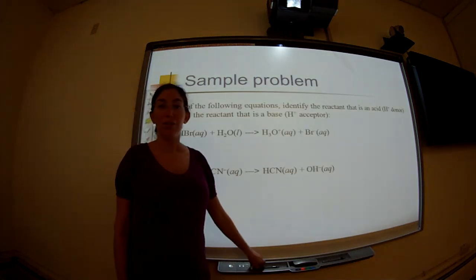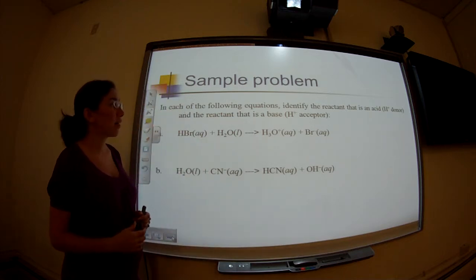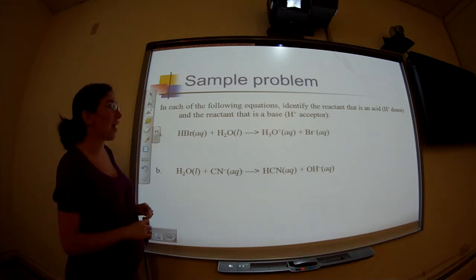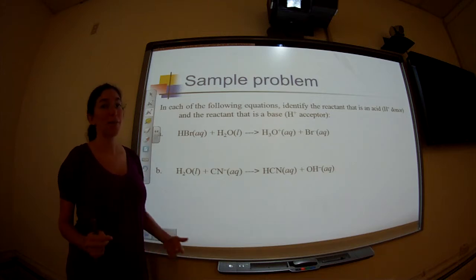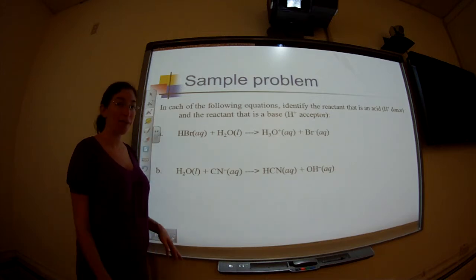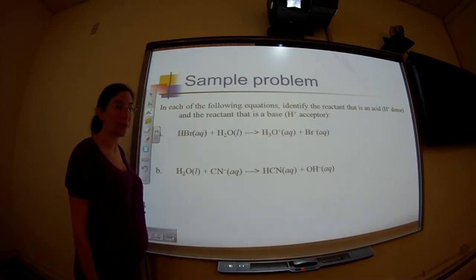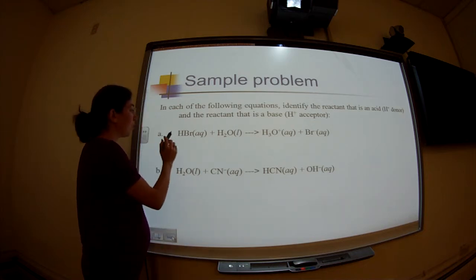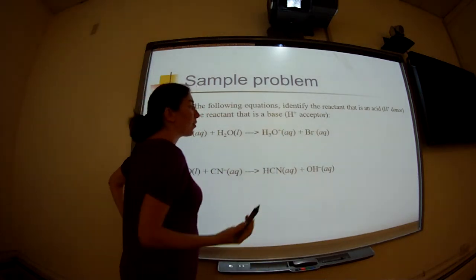So we're going to practice writing out some equations. In each of the following equations, identify the reactant that is an acid, a proton donor, and the reactant that is a base, a proton acceptor. So we don't have little cartoon diagrams. We have to identify it from the chemical formulas, which one is donating and which one is accepting. So in this first one, part A, we have hydrobromic acid, HBr, plus water goes to hydronium and bromide ion.